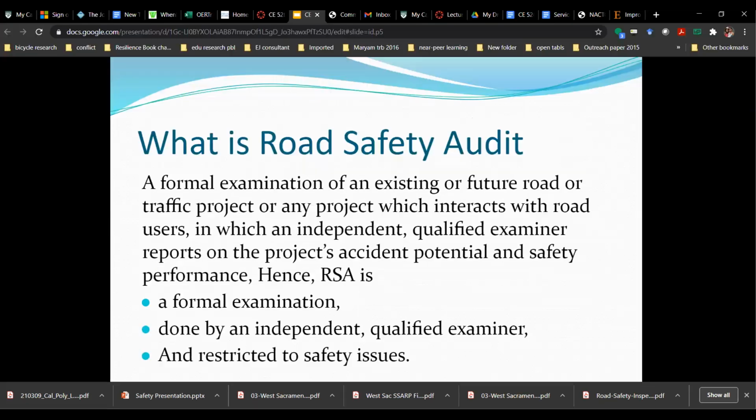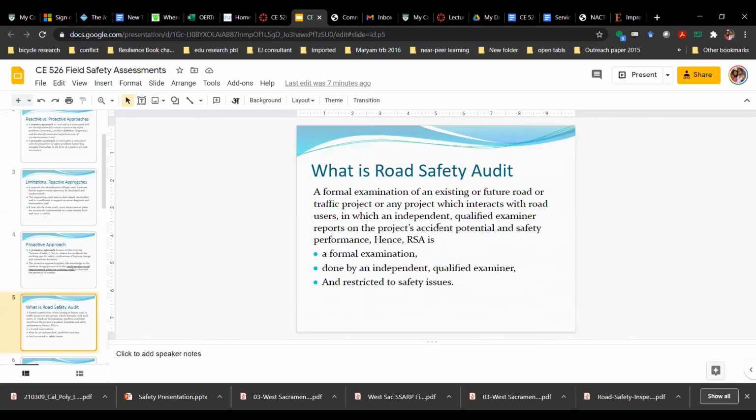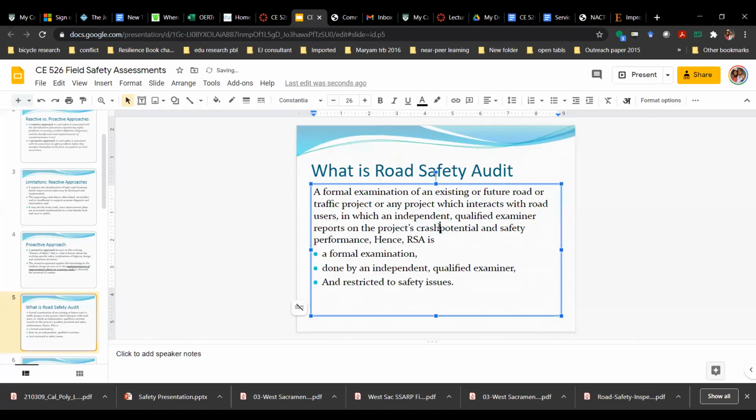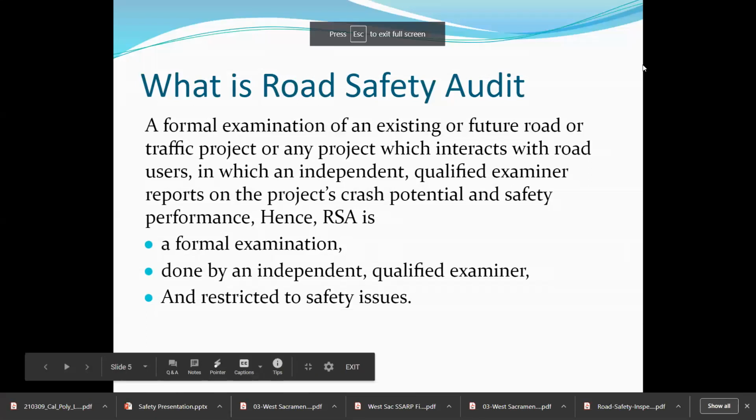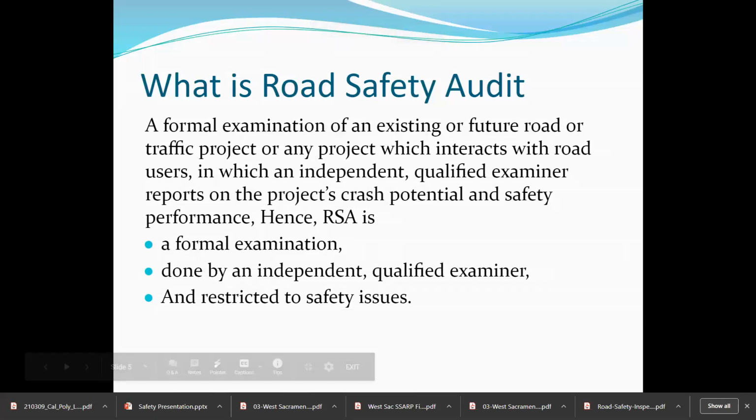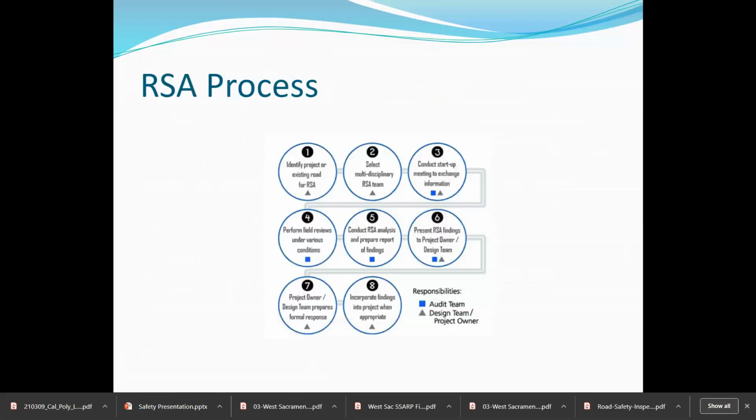Because I'm in a Google Doc, I'm going to go ahead and make that change here, call it crash potential and safety performance. So a road safety audit is a formal examination. It's done by an independent qualified examiner, and it's restricted to safety issues. So we just focus on safety issues and not necessarily on operation issues.